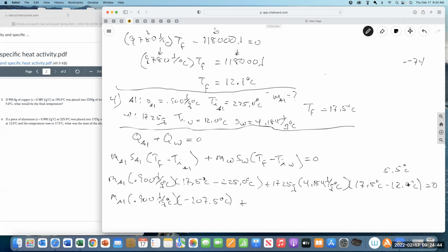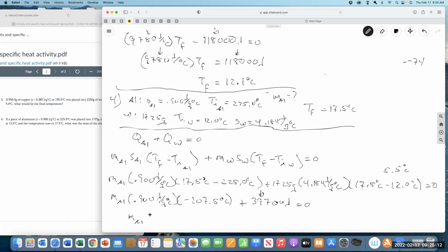Plus, I'm going to do all the math here and realize it goes to 2 sig figs. So 1725 times 4.184 times 5.5. This is really 39,700. But it has 2 sig figs, equals 0. I'm going to just do this math now.